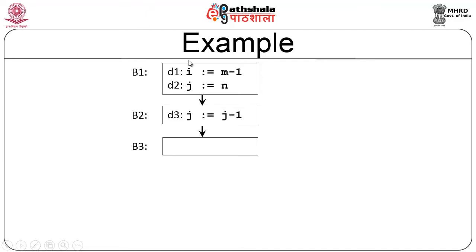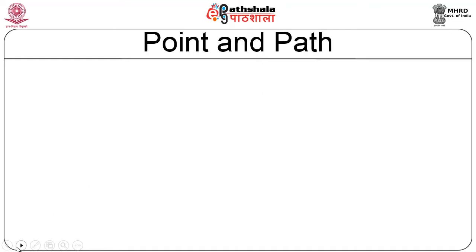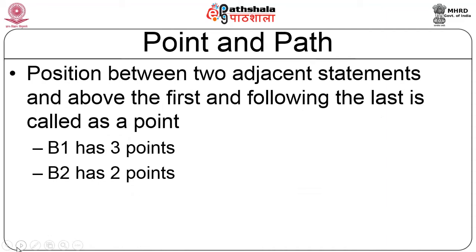If you call the points P1, P2, P3, P4 and P5, then between points P2 and P5, for example, there are two statements, D2 and D3. So, we define what is called a point and a path. A point is between any two successive statements, or in addition, the position above the first statement and after the last statement.